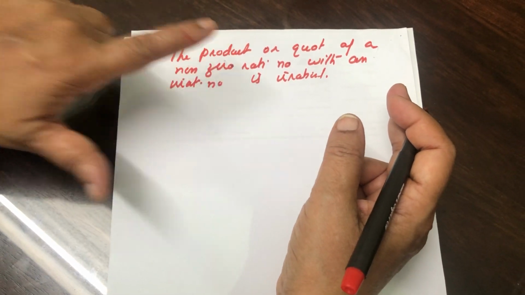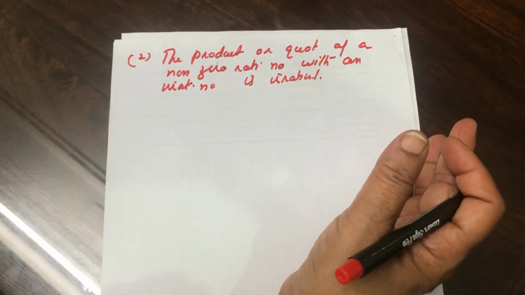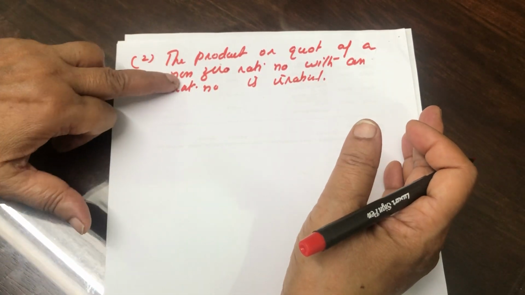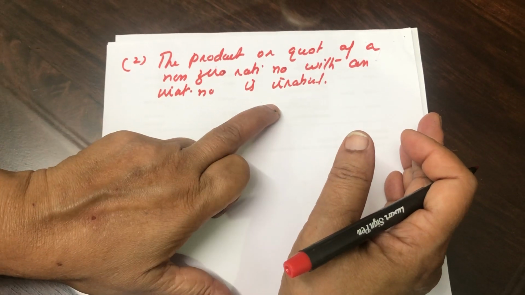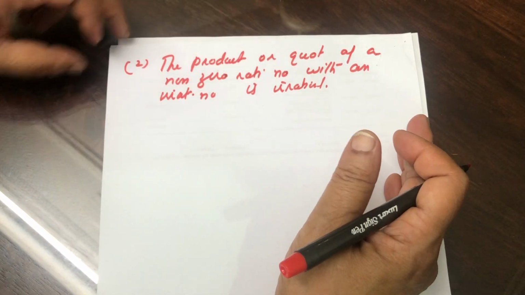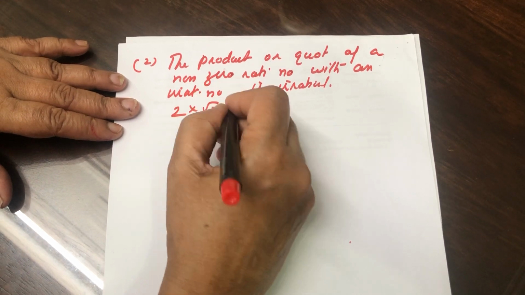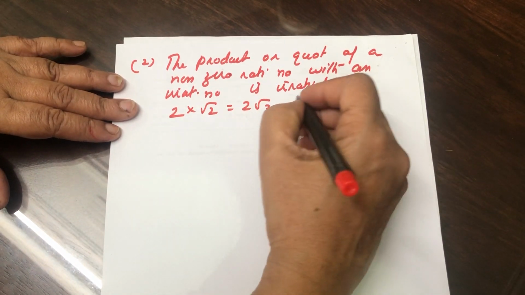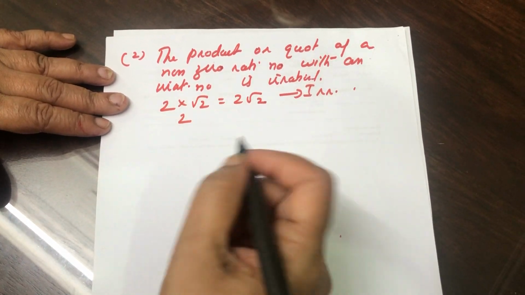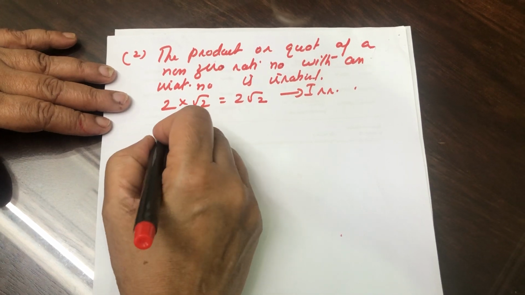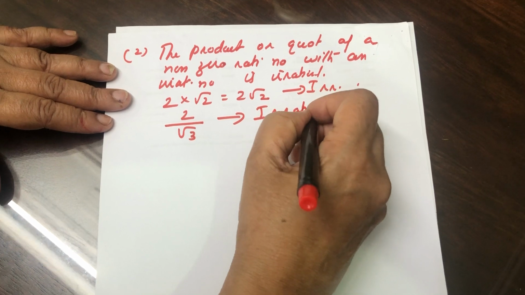When you take 0 and an irrational number root 3, 0 into root 3 will become 0. That is not an irrational number. Therefore, except 0, you take any rational number and an irrational number, and take the product or quotient. Suppose I take rational number 2 and irrational number root 2. So 2 into root 2 is 2 root 2. It is an irrational number. And take 2, then take another irrational number root 3, divide. This is also an irrational number.